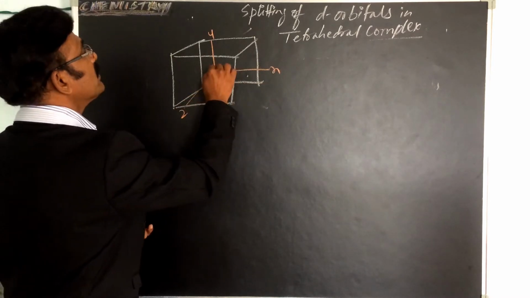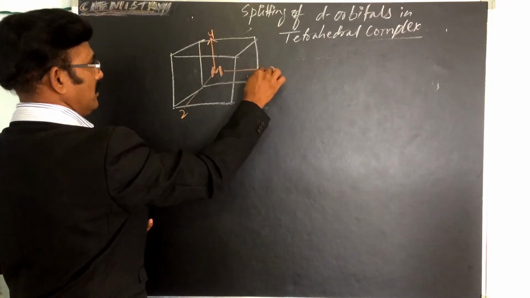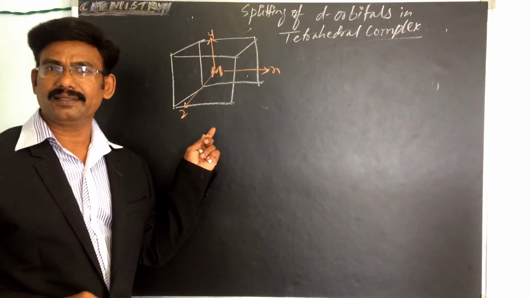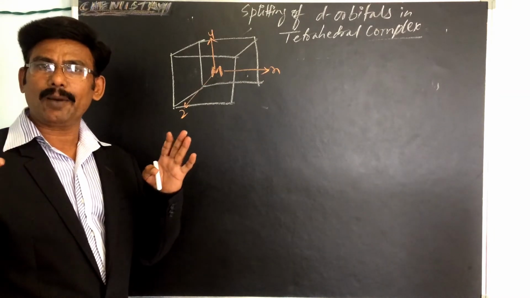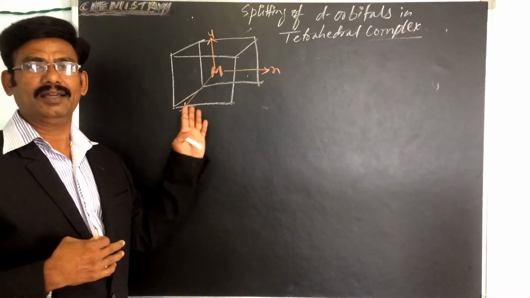Three axes are there. And four ligands approach the central metal atom at the corners.